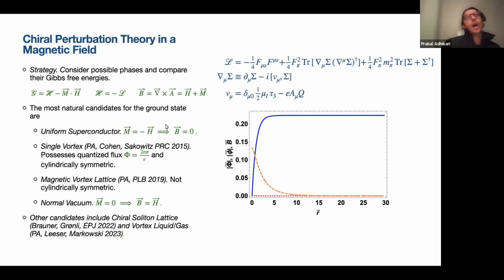Okay, so for this part of the talk, I won't be doing any next-to-leading order calculations. So the background field is entirely classical. That's comment number 1. If one uses chiral perturbation theory to do a finite magnetic field calculation, it has to be the case that the magnetic field is of the same order as the pion mass, roughly, so that you're in the regime where that number is much less than 4 pi f_pi, which is roughly 1 GeV.